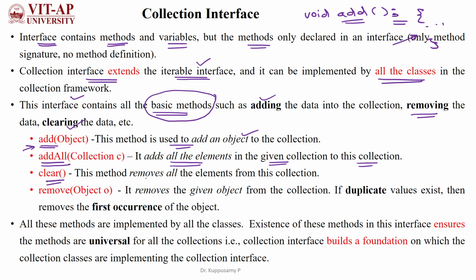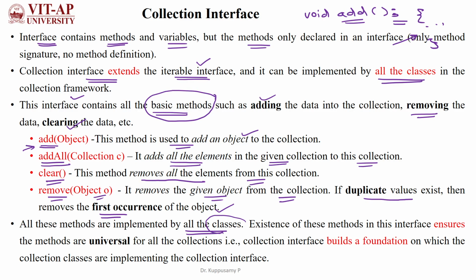Clear removes all the elements from the collection, and remove removes a single object from the collection. If duplicate values exist, it will remove the first occurrence of that particular object. Okay, all these methods are implemented by all the classes in the Java collection framework.